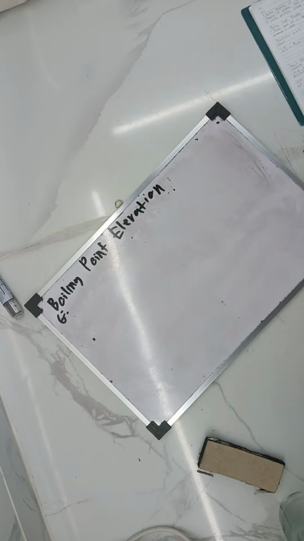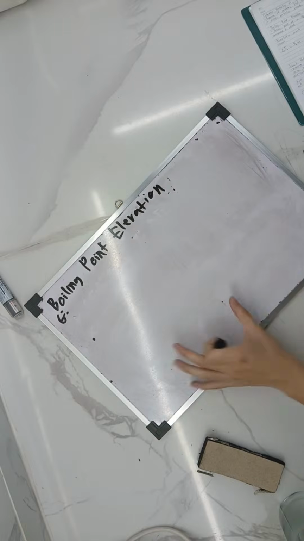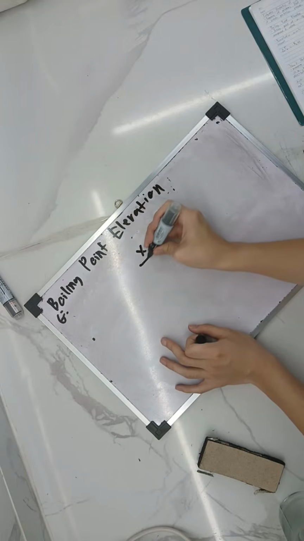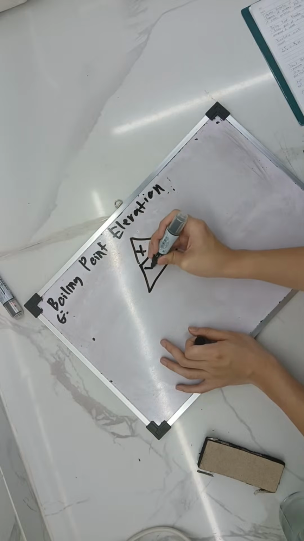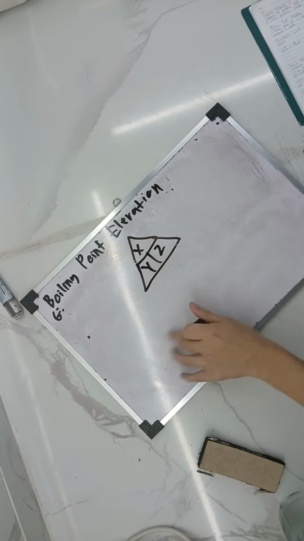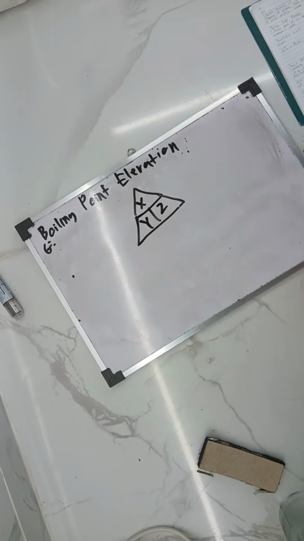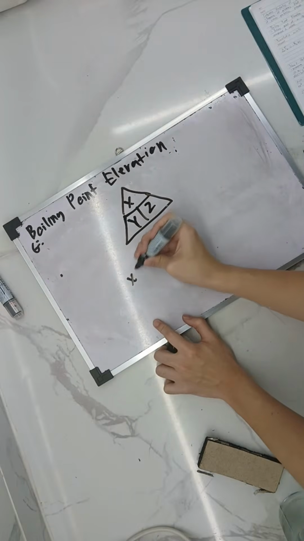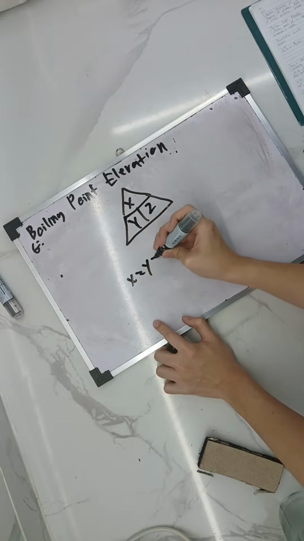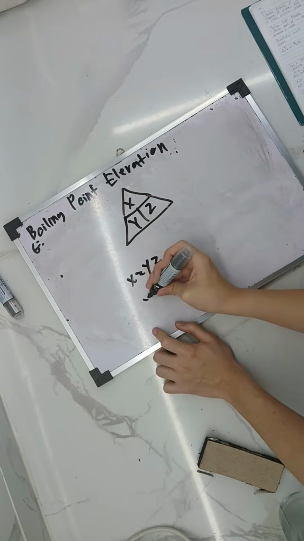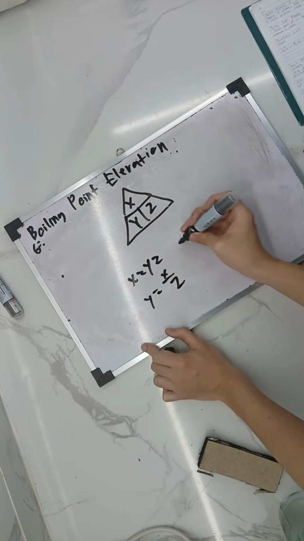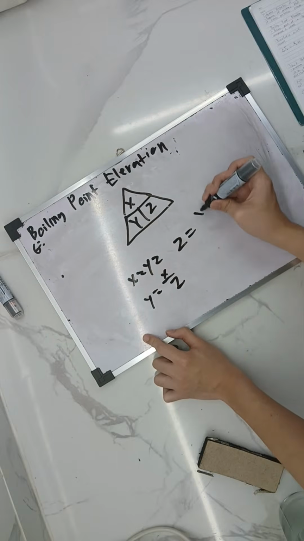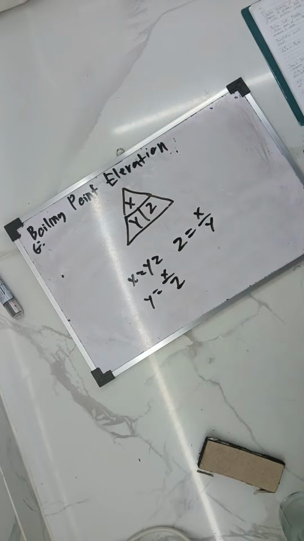If we have a pyramid, let's say you have X, Y, and Z. Usually when you have a pyramid like this, it means X equals Y times Z. Y equals X over Z. And Z equals X over Y, right? That's how that pyramid is interpreted.